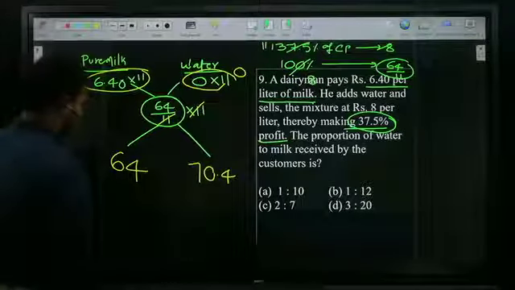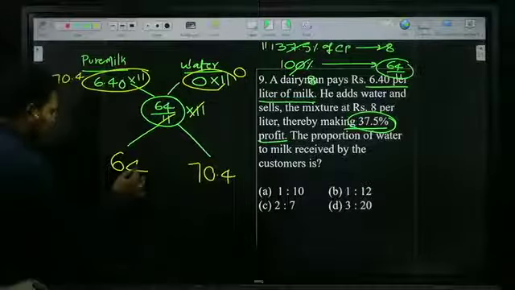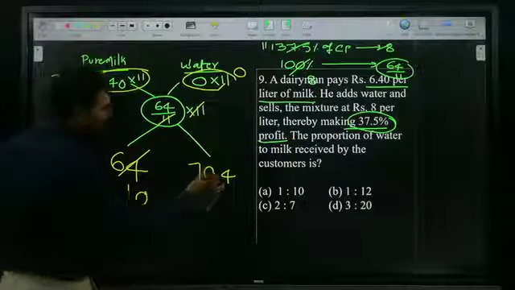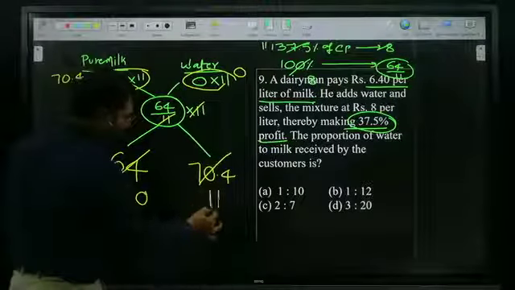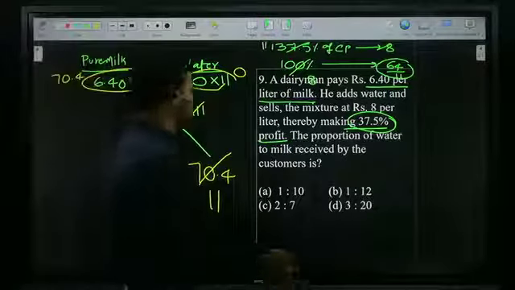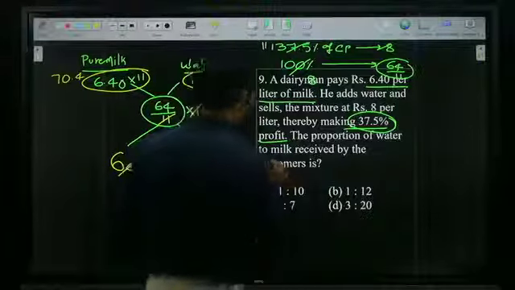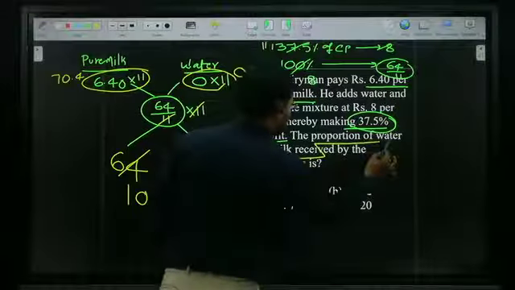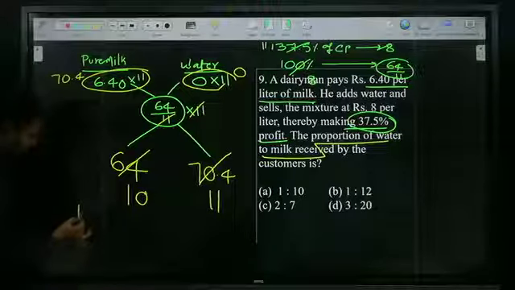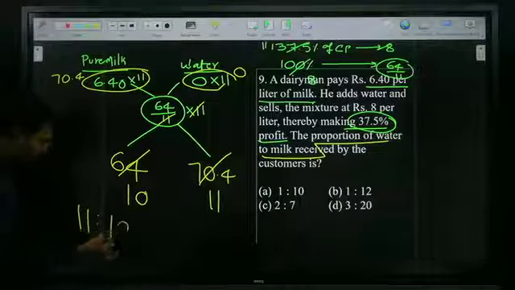The 6.4 table. 6.4 ten times, 6.4 eleven times. They are asking the proportion of water to milk received by the customer. Water is how many parts? 11 parts. So the ratio is 11 to 10.